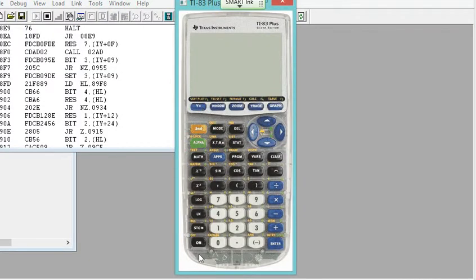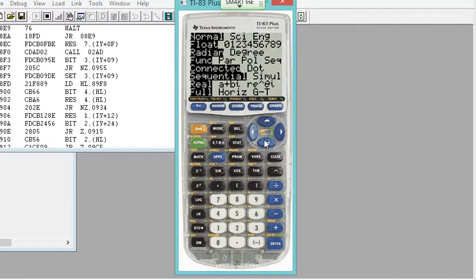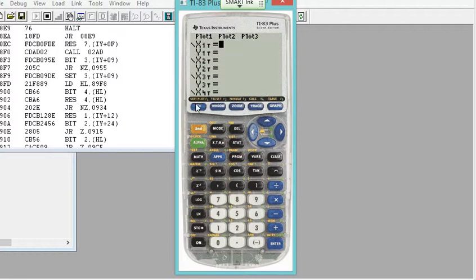I'm going to go to second mode, come down to parametric, then hit graph, and put in sine of 2 pi times t. Then for y, I'm going to plug in cosine of 2 pi times t.